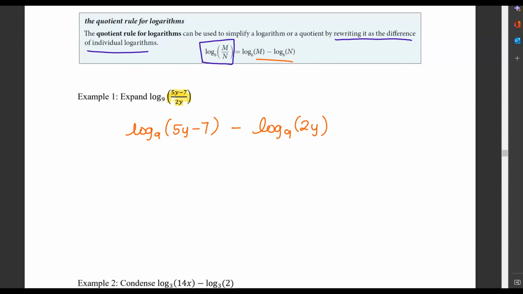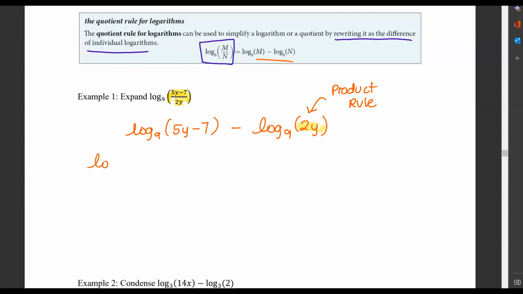Okay. Now, because we are attempting to expand this, our goal is to expand this as much as possible. So notice that because this is a 2y here, this is the product rule, the one that we just looked at. So since this is the product rule, we can expand this further.